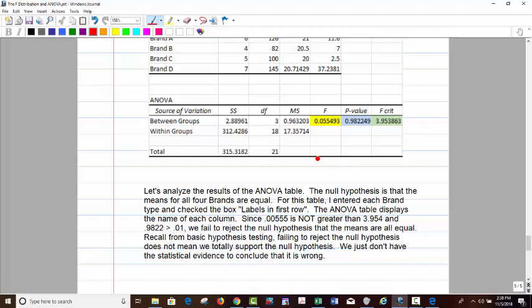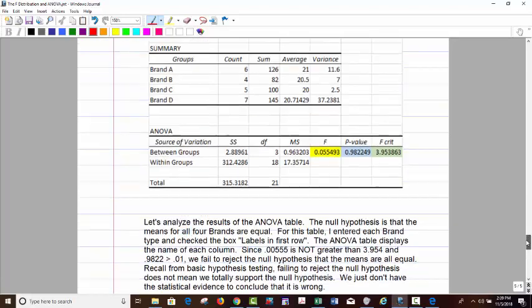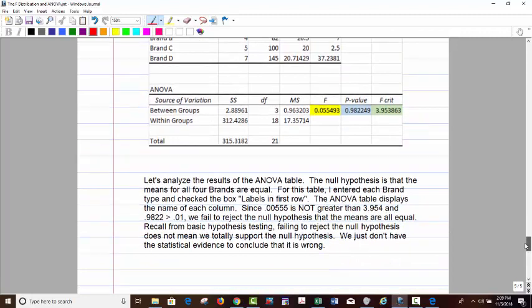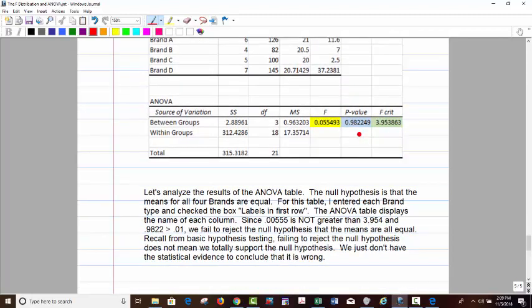So this one, you see now it's labeled, it's outputting them as brand A, B, C, D. So let's look at it both ways. The critical value is 3.95, which I didn't put the snippet from the table, but that'd be good practice for you if you want to go look that one up yourself.